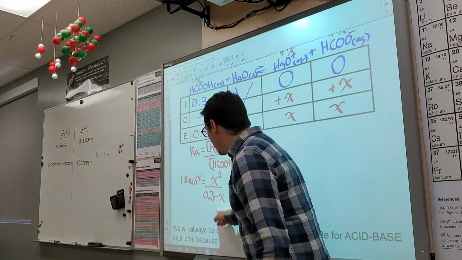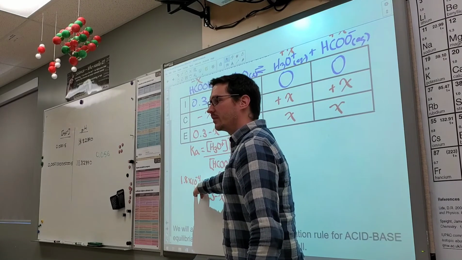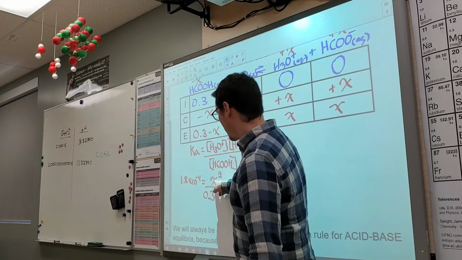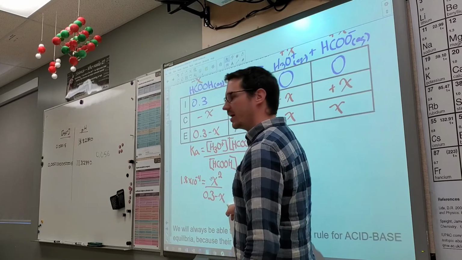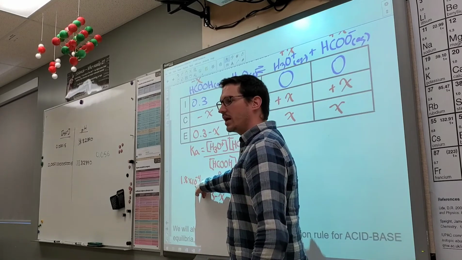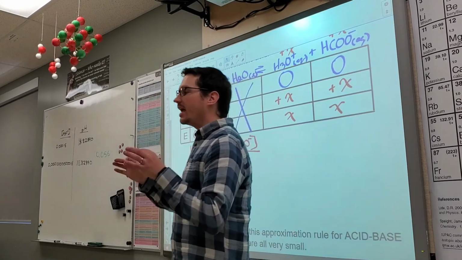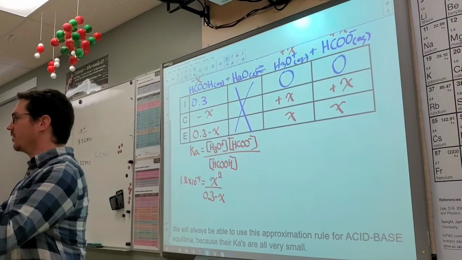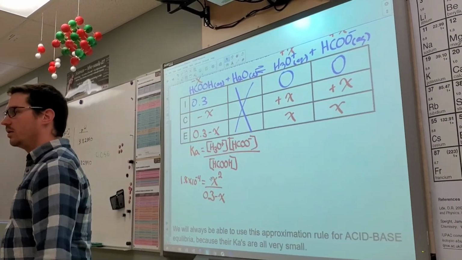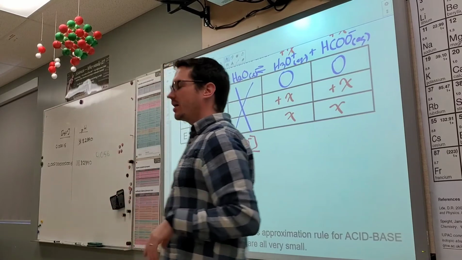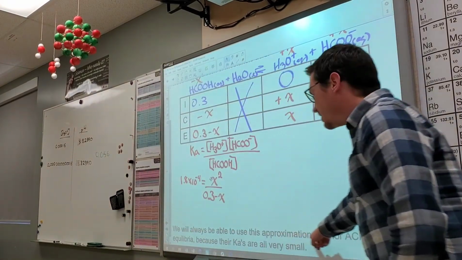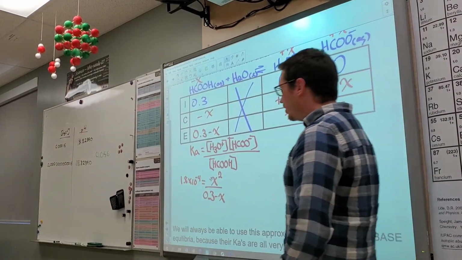What is this expression, X squared divided by 0.3 minus X? What is it equal to? Ka. And is the Ka extremely accurate? No. So we're going to make an approximation. We will always be able to make this approximation. You know what?